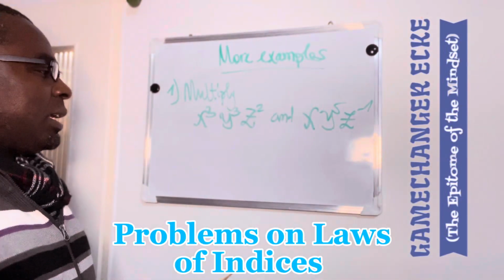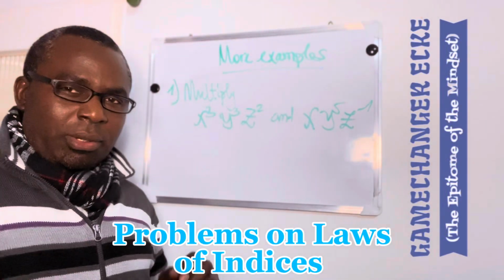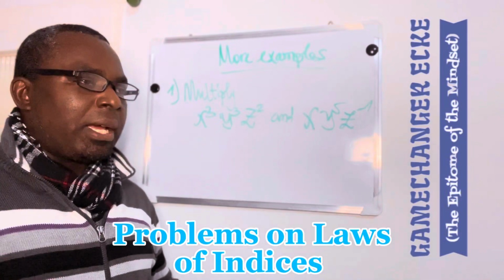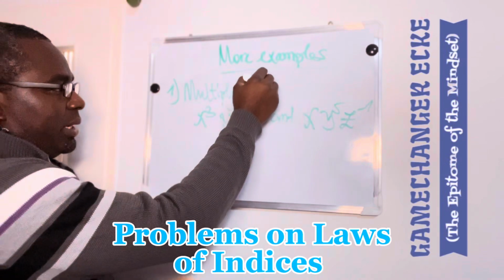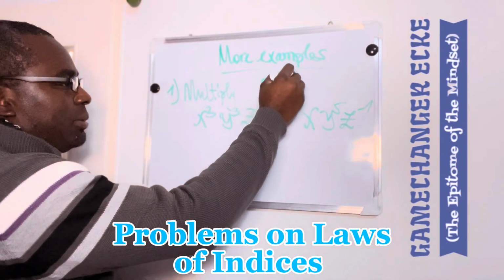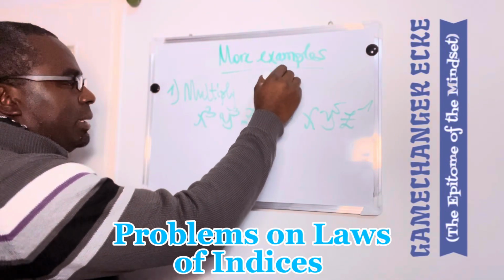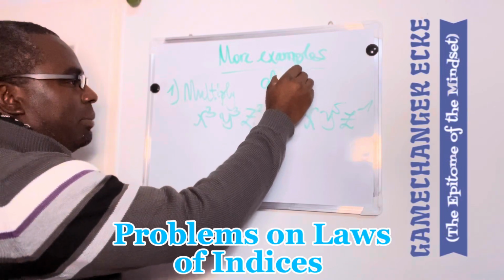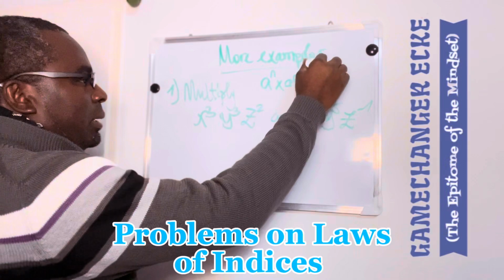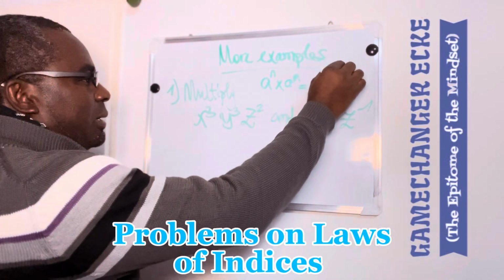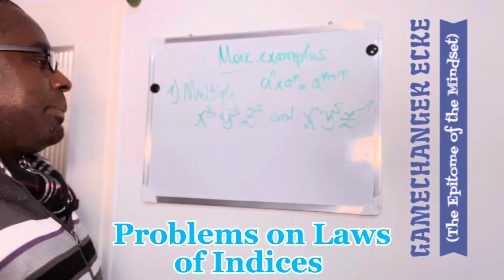If you have something like this, you know that you are going to apply the multiplication law of indices, that states a to the power n times a to the power m is the same as a to the power n plus m.